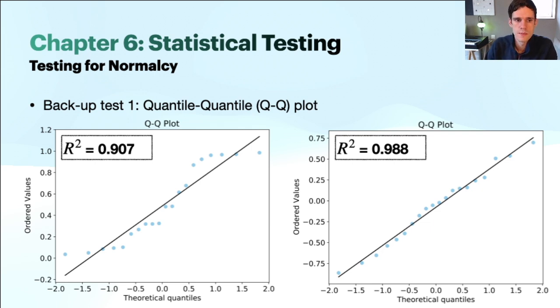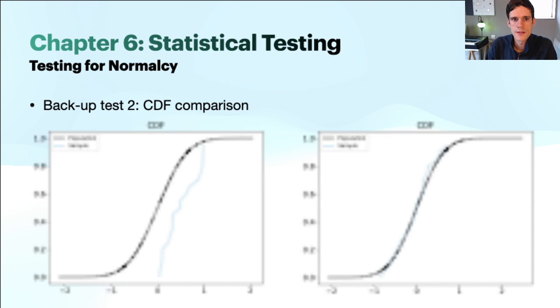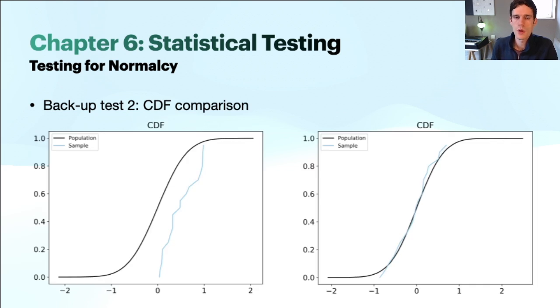And thus this QQ plot and the corresponding r-squared metric are an alternative way to check for normalcy of your sample dataset. The last tool that we will look at is again a very visual tool, but one that you can very easily understand. In this case, we compare the cumulative distribution function of our sample dataset with one that is generated for a perfectly normal distribution. Here we clearly recognize this black S-curve being the cumulative distribution function, which is typical for a normal distribution.